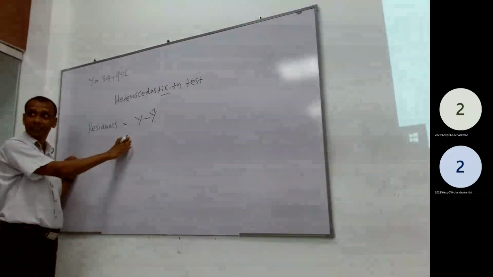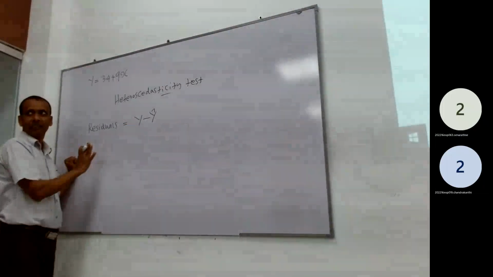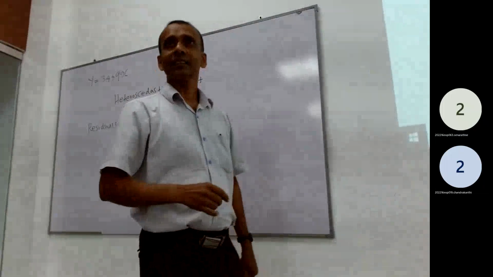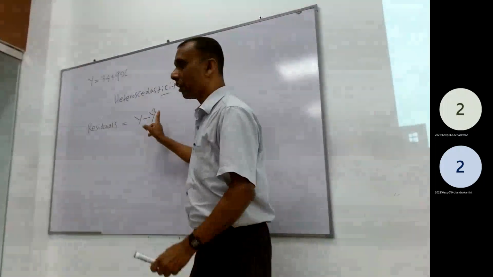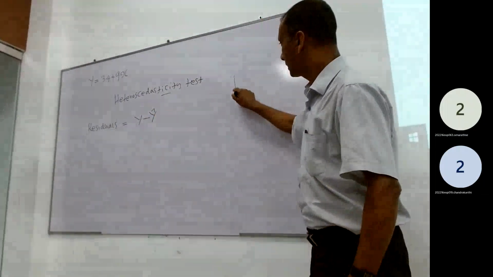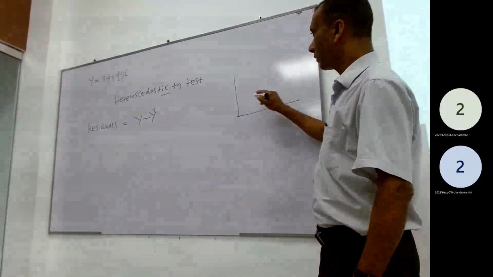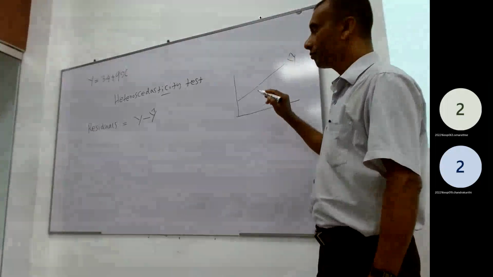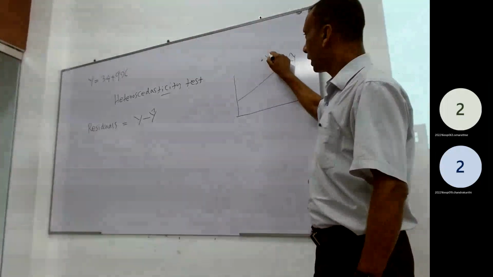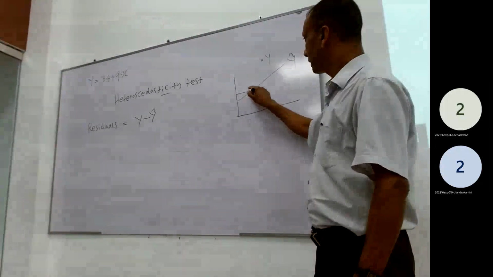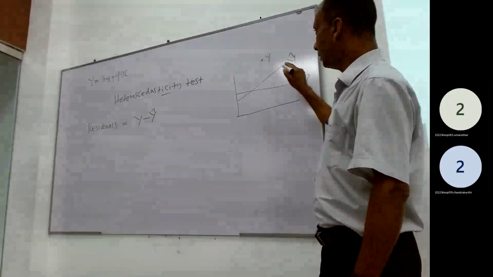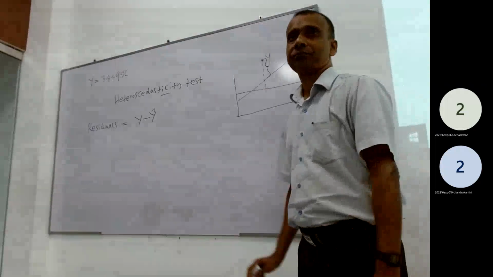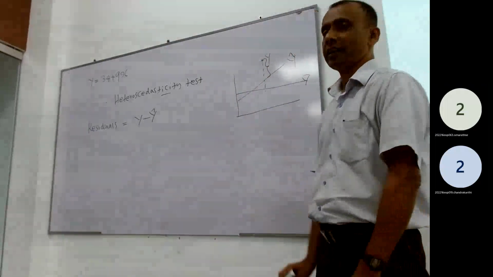In the graphical presentation, with predicted value Y hat, actual value Y, and average Y bar, this difference is your residual, Y minus Y hat.